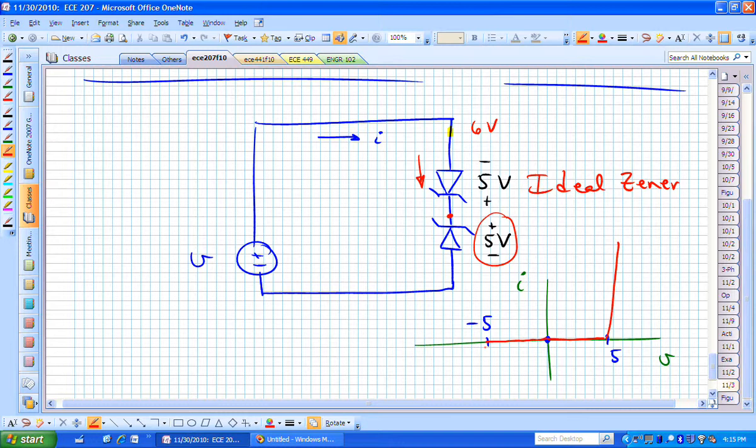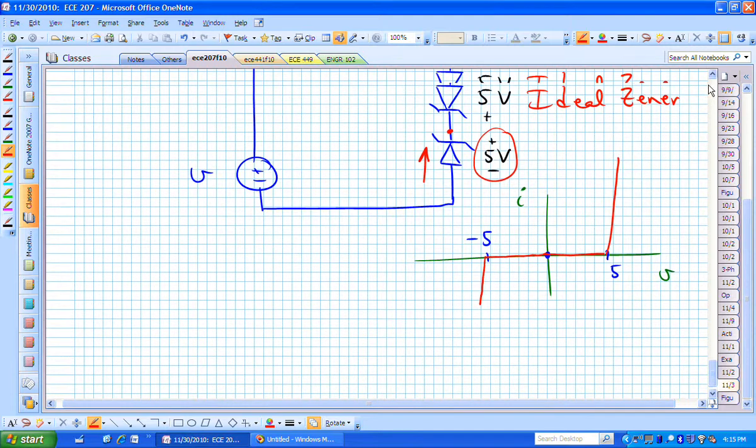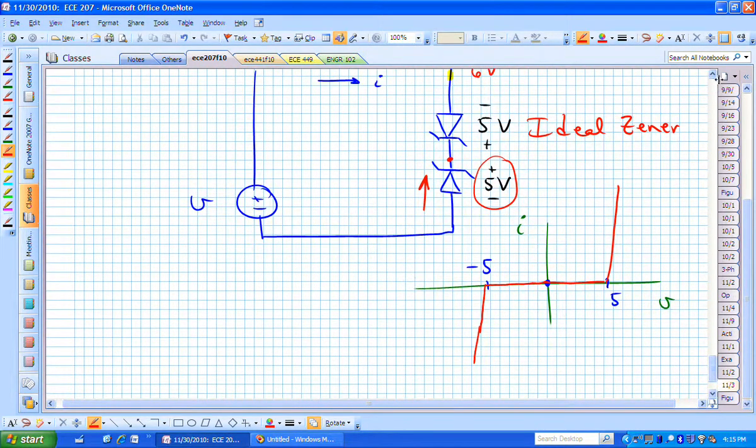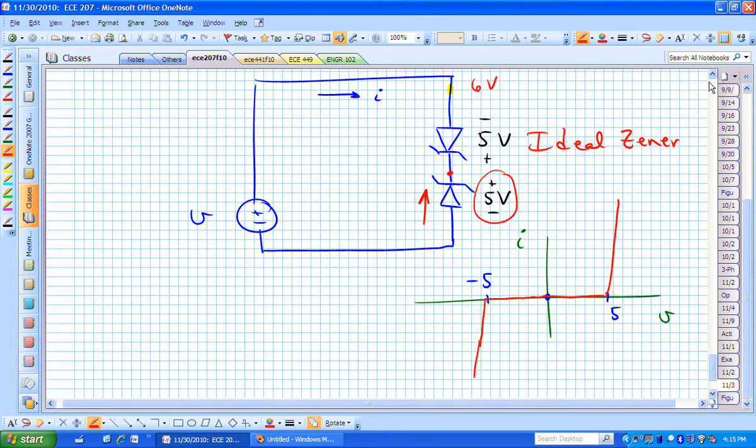When V becomes more negative than 5, now we're going to want current going in that direction. The bottom diode will be forward biased, and we'll have a picture in terms of our current voltage relationship. It's going to look like that particular waveform.